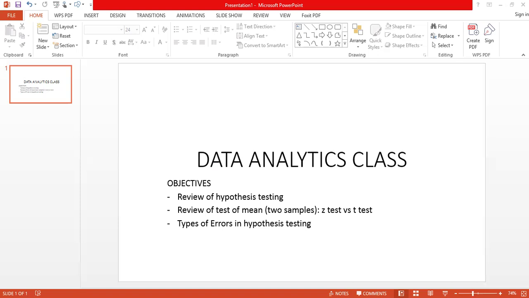Take note of the topic: types of error in hypothesis testing, while you are testing the hypothesis, not error in the sample. We are past that stage. We believe that everything was right with the sample, but the error that could occur during the hypothesis testing process itself, that's what we are focusing on right now.